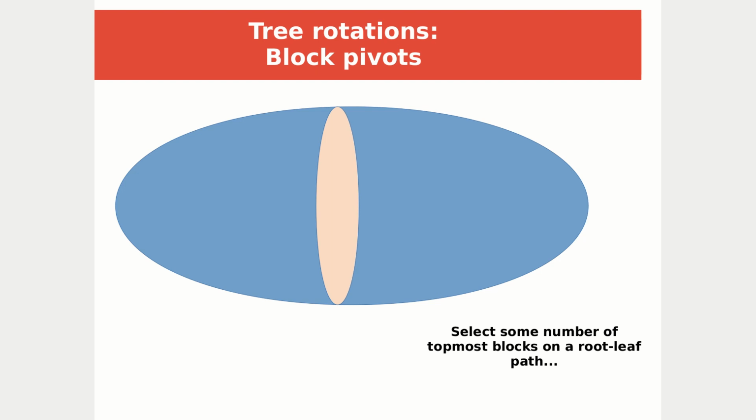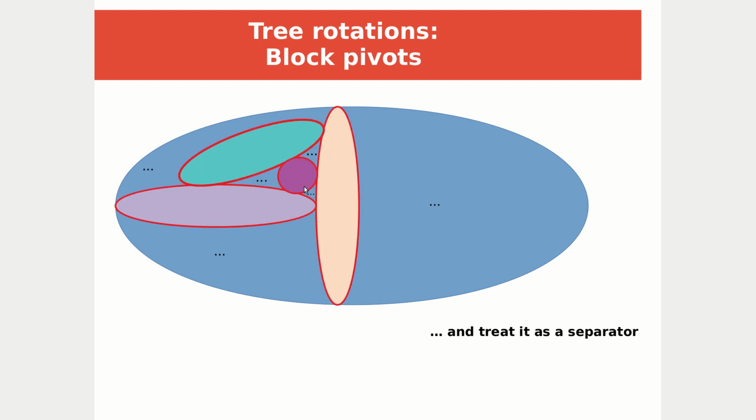That's roughly how it looks. When we have the whole graph, we have a separator, and a separator in some component, and recursively another separator. That is the structure of our tree depth decomposition. We take here 4 topmost blocks and consider them as a separator.